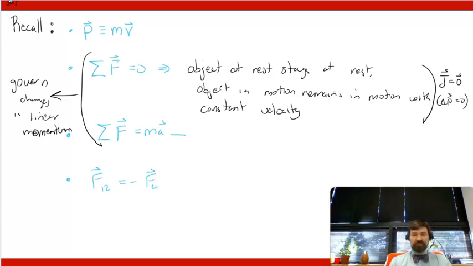This law right here similarly can be changed from F equals ma to say that the force acting on an object is the change of an object's momentum per unit time.